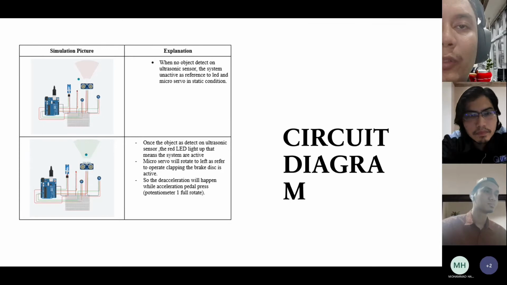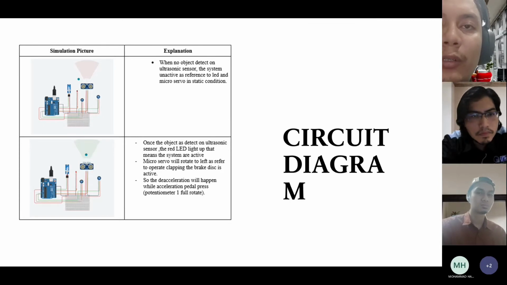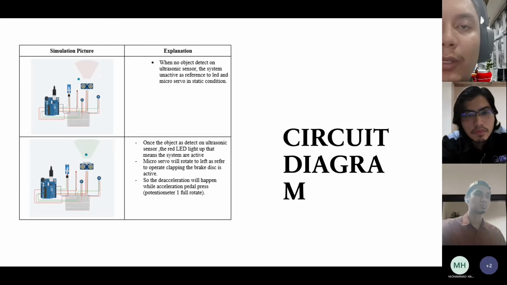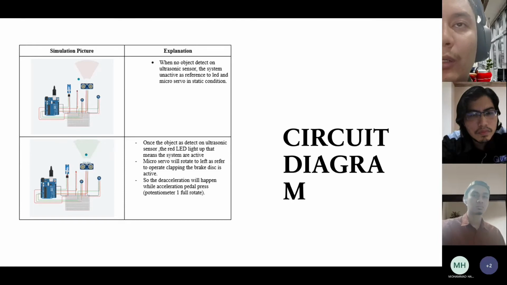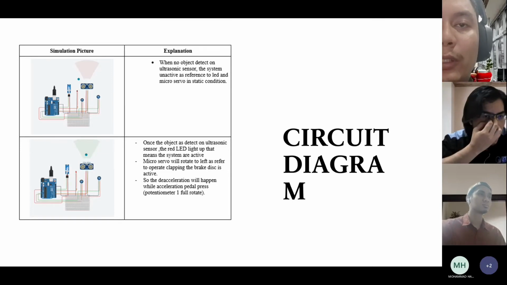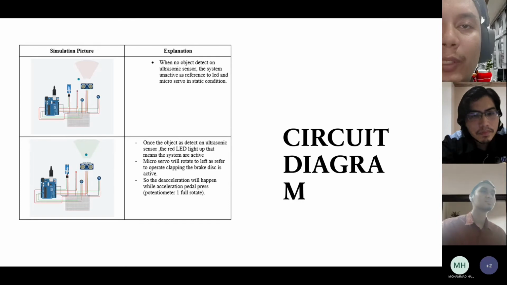For the second situation, when an object is in front of the ultrasonic sensor, the system will light up and also become active, with the micro servo, or clamping brake disc, turning to the left. So the deceleration will happen while the acceleration pedal is pressed to full rotation.